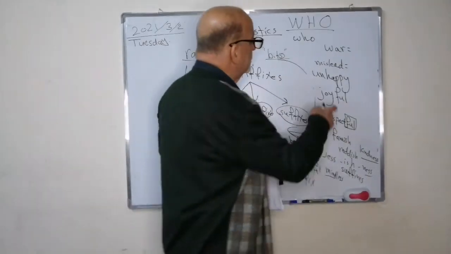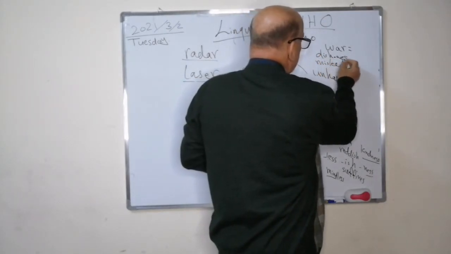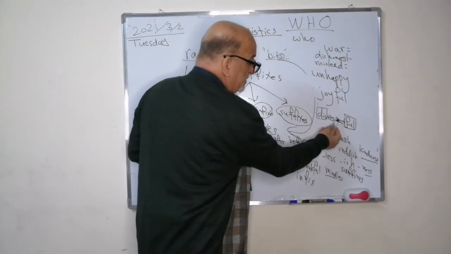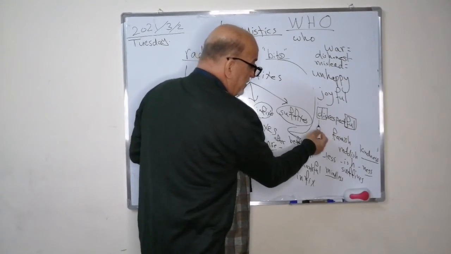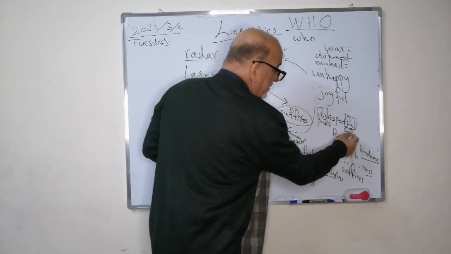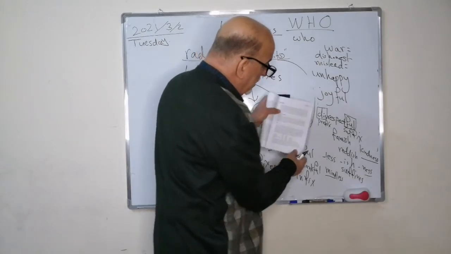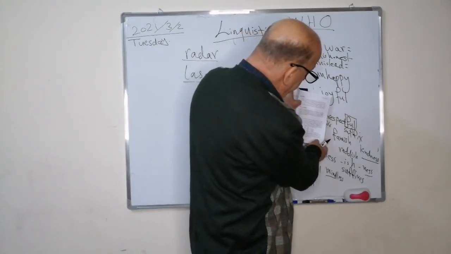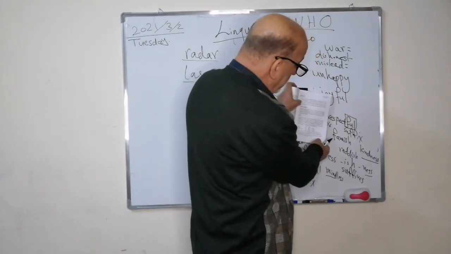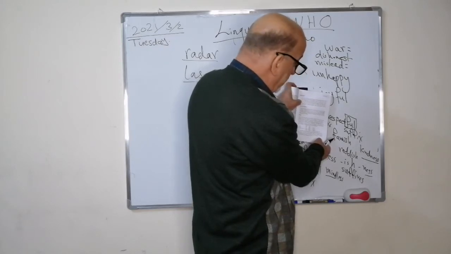Or dishonest also. But in disrespectful, we have a prefix and also a suffix. Respectful has been derived from respect by adding ful.